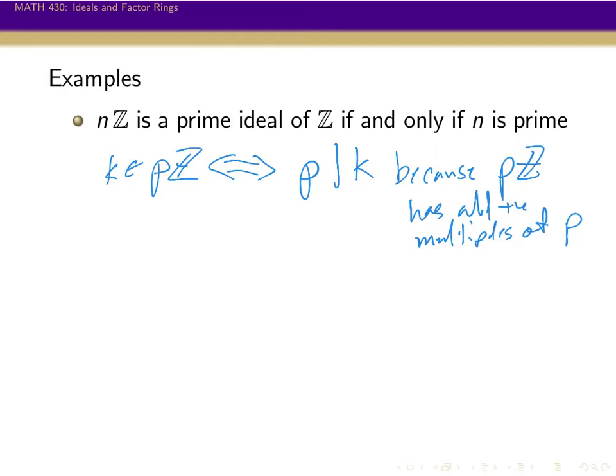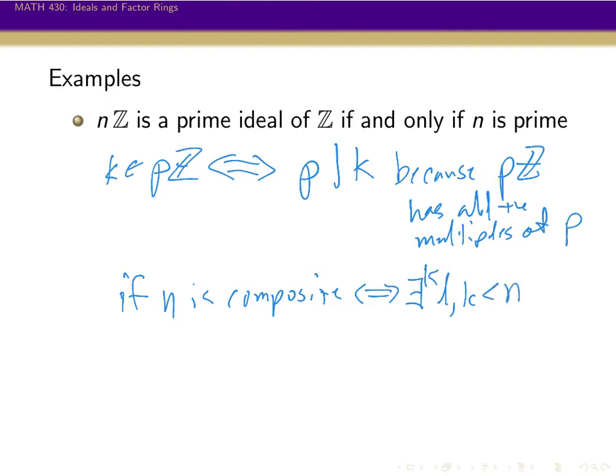On the other hand, if n is composite, this means there exist l and k that are bigger than 1 and less than n, assuming that n is positive, such that l times k is equal to n.